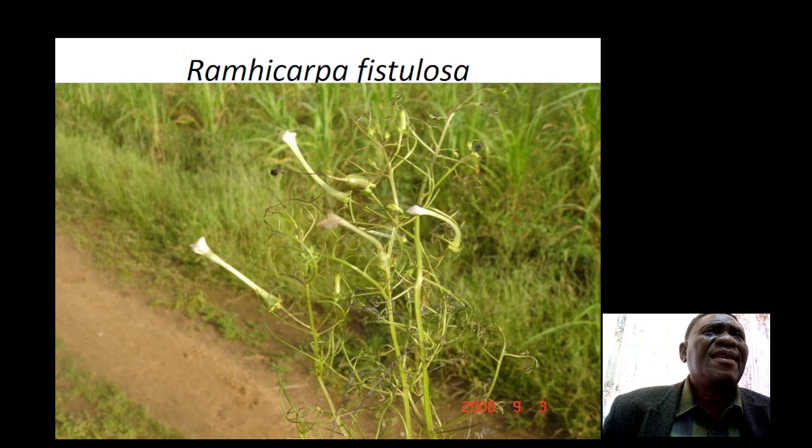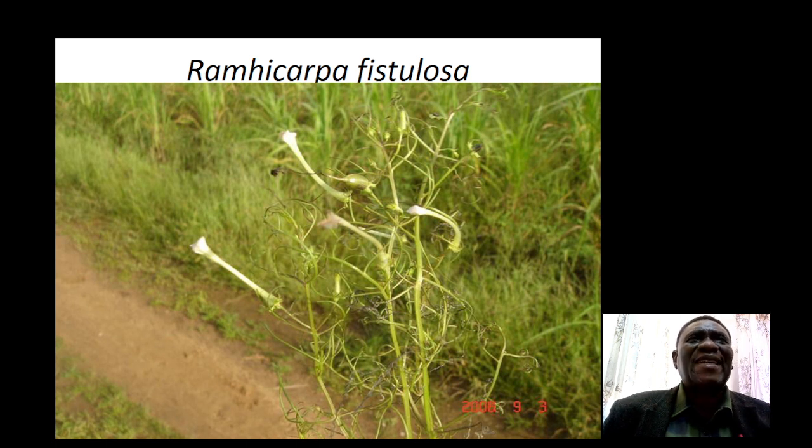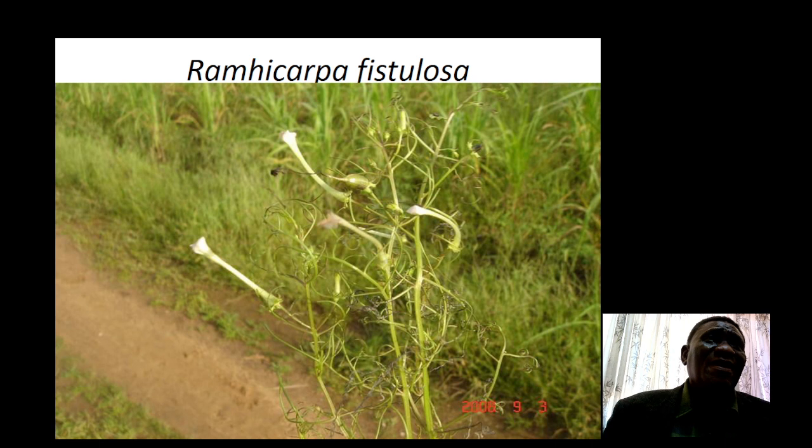This one is Rhamphicarpa fistulosa. It has got these trumpet-shaped flowers. It attacks rice grown in clay areas or wet areas of Zimbabwe.